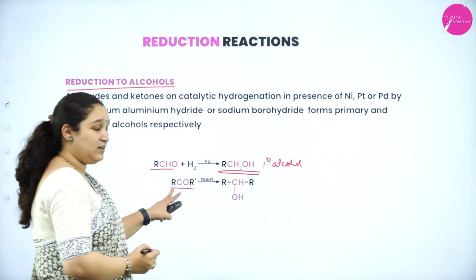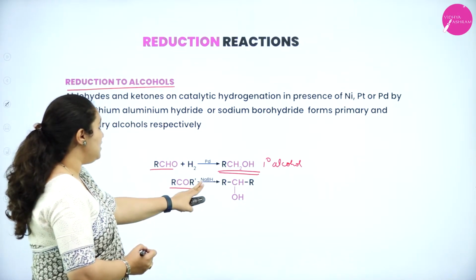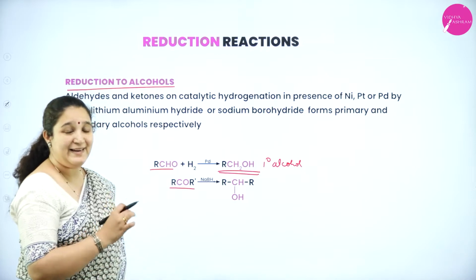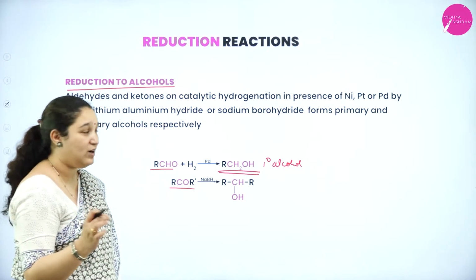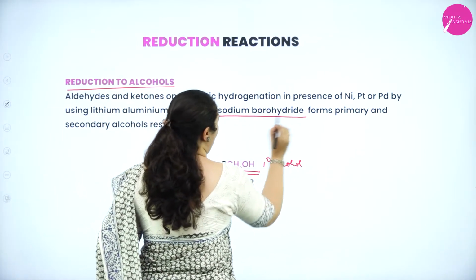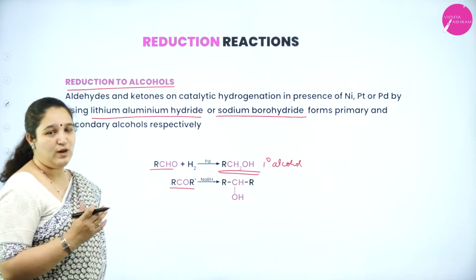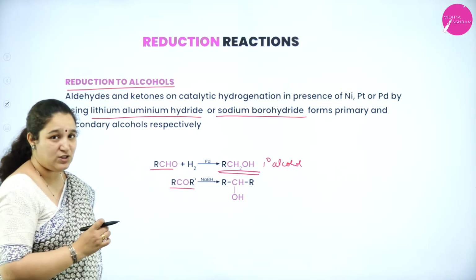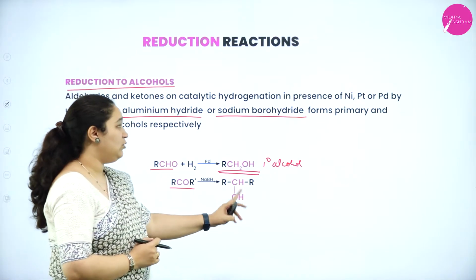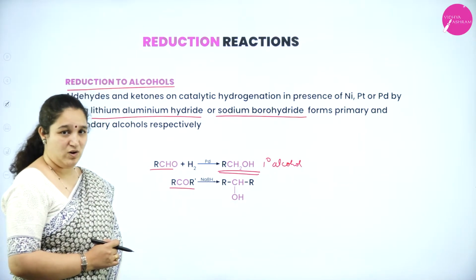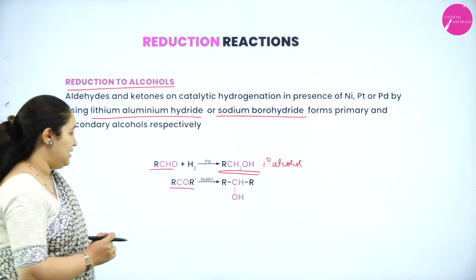Whereas if you take a ketone and treat it with sodium borohydride, NaBH4, or I can take lithium aluminium hydride, any one of the reagents I can use for reduction, it will get converted to a secondary alcohol. So we'll write examples for this.